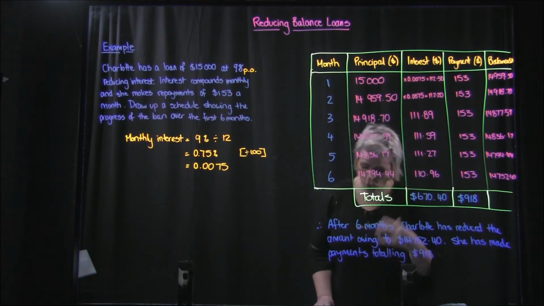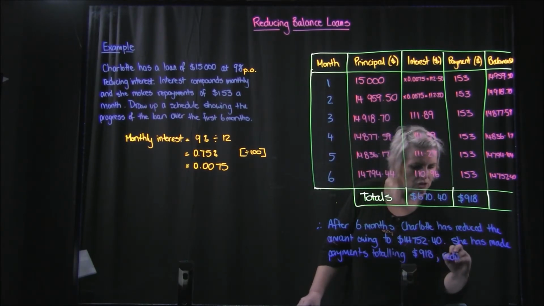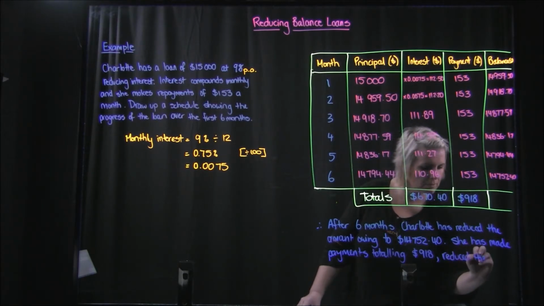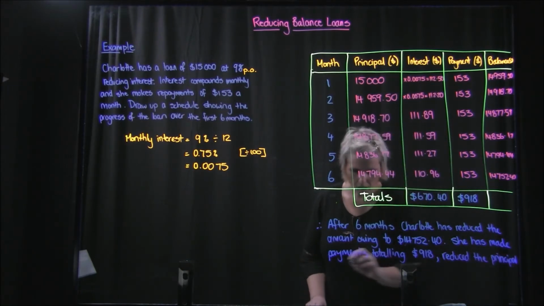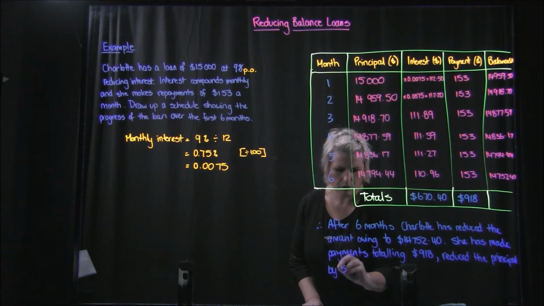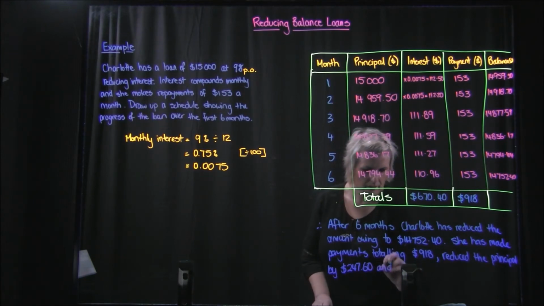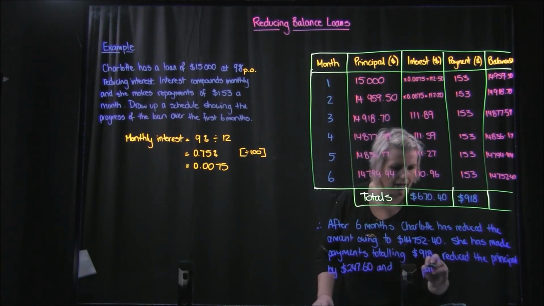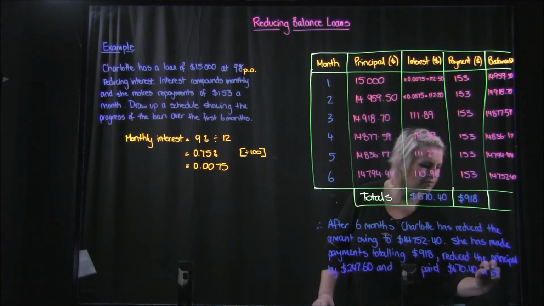So we need to actually give all of the information. $918, and she's reduced the principal by $247.60. And she has paid $670.40 in interest.